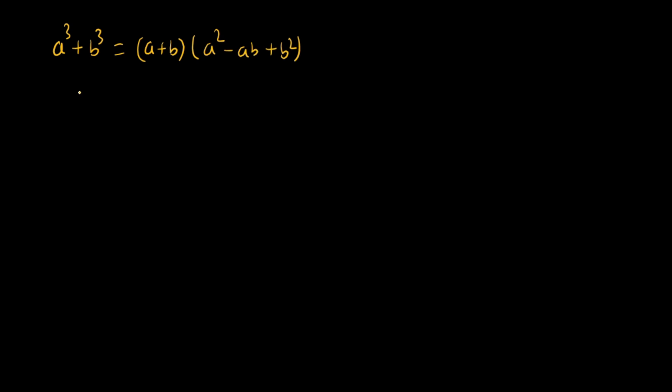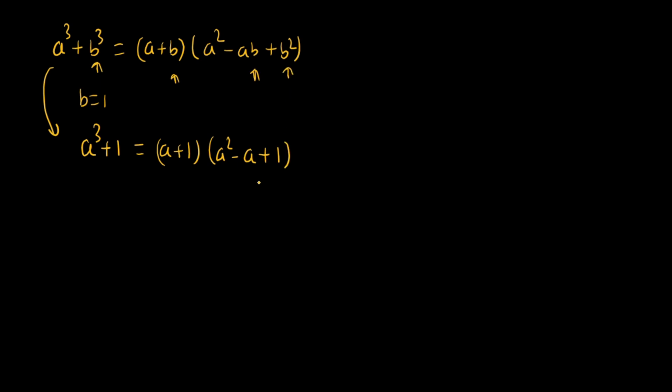If we substitute b equals 1, then on the left-hand side a cube plus 1 cube, that is 1, equals a plus 1 multiplied by a square minus 1 times a, that is a, plus 1 square, that is 1.